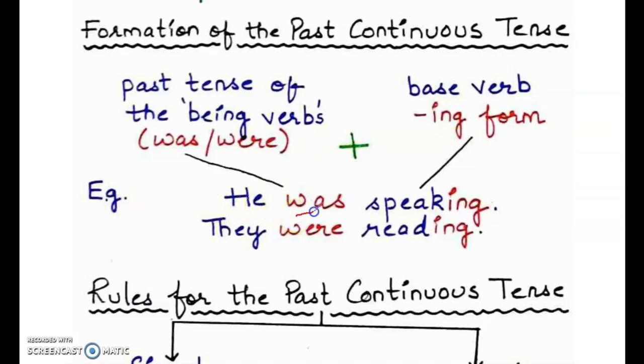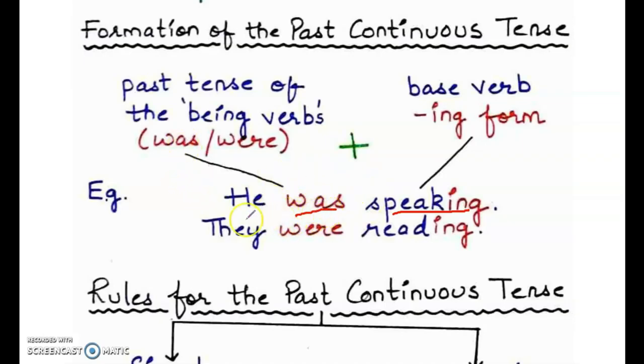He was speaking. So here, when we have to make the sentence in the past continuous tense, what do we have to do? We have to do two things. We have to use the past form of the being verbs.